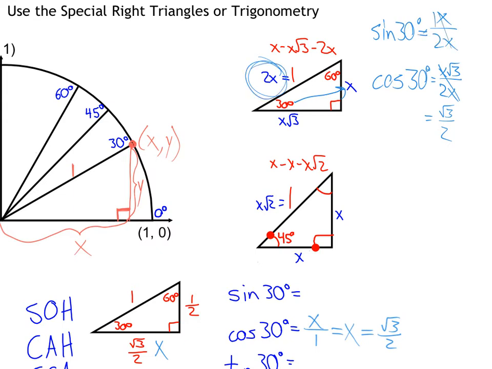The x's cancel, and you get a half. So the sine of 30 is a half. Is it always going to be that? Yes.